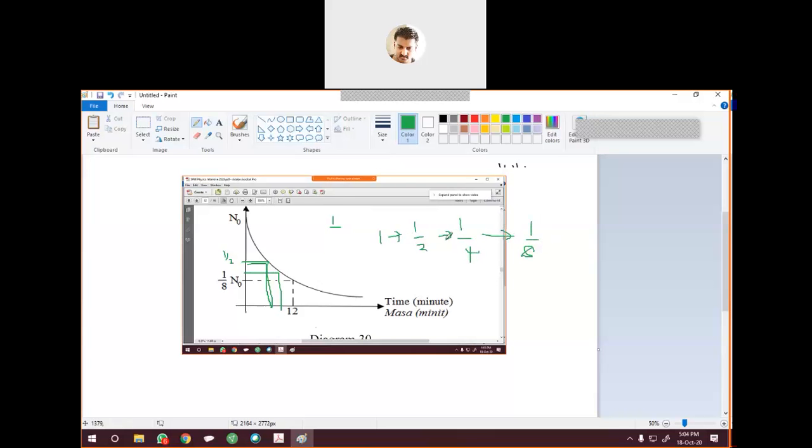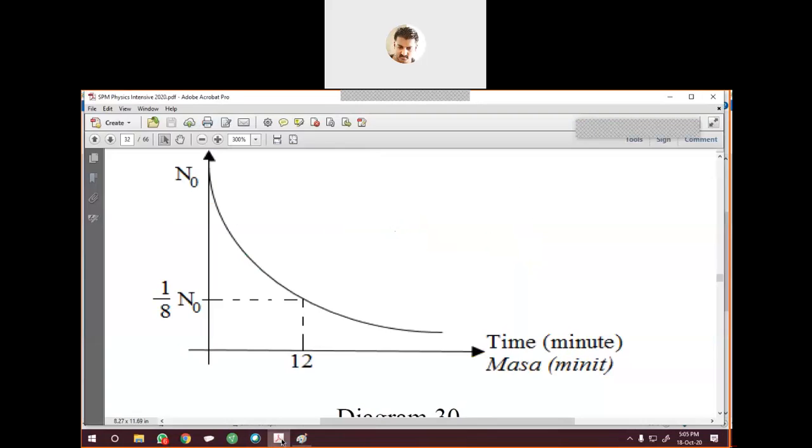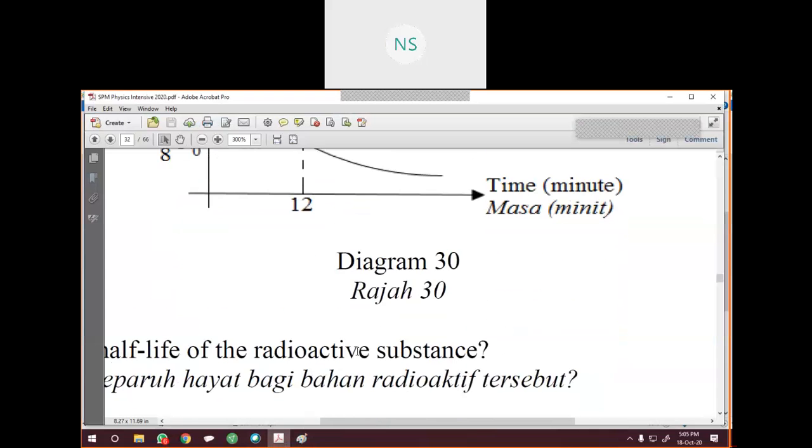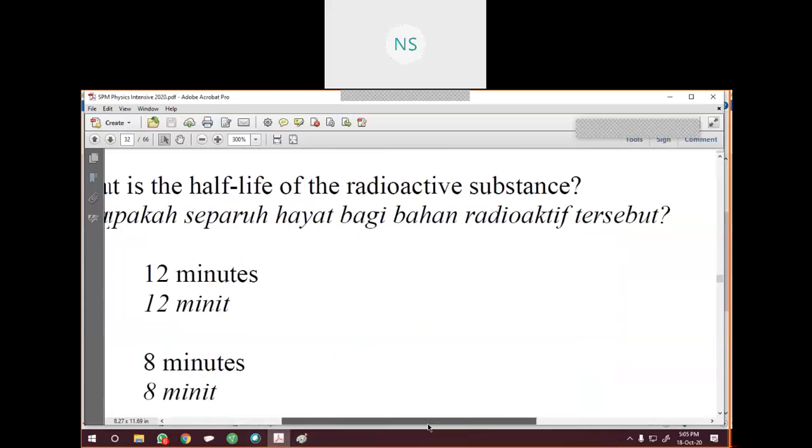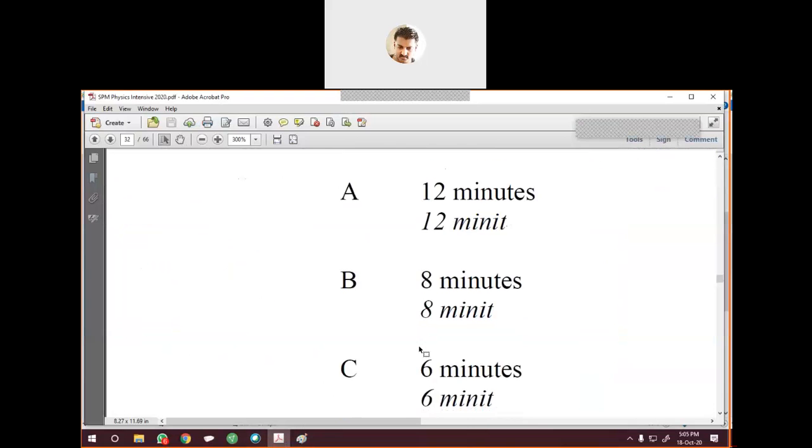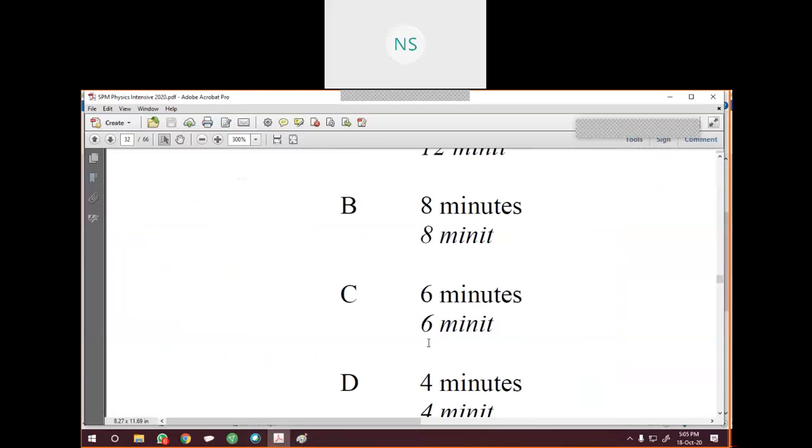That means how many times has it gone through half-life? 1 time, 2 times, 3 times. So at the third time it takes 12 seconds. So 12 divided by 3, every half-life is 4, 4 and 4 seconds. You understand? So the answer is D, 4 minutes.